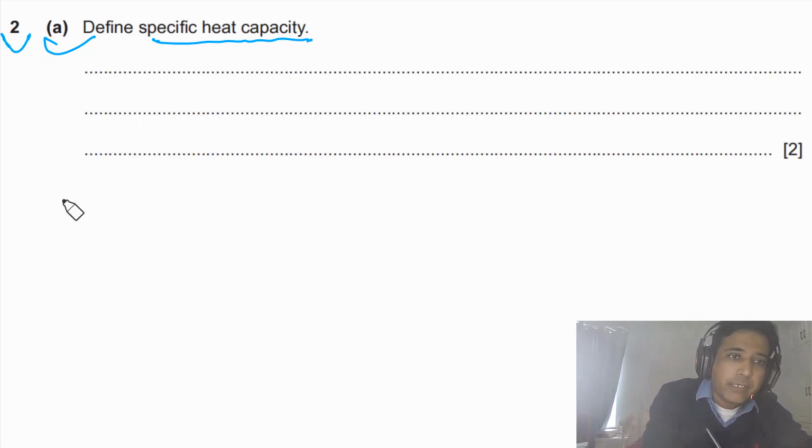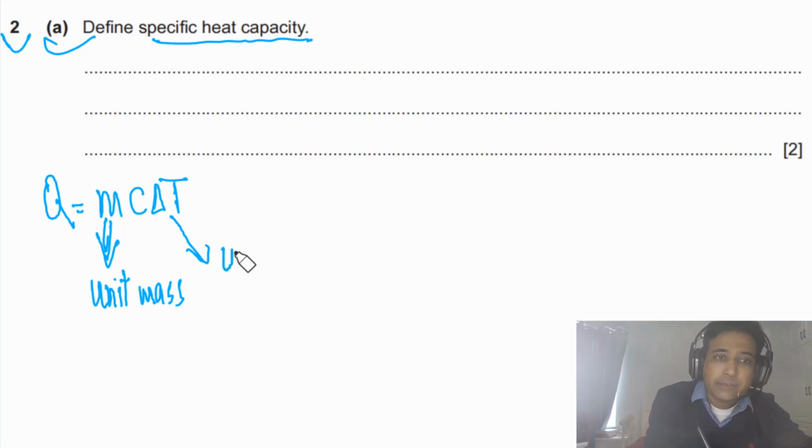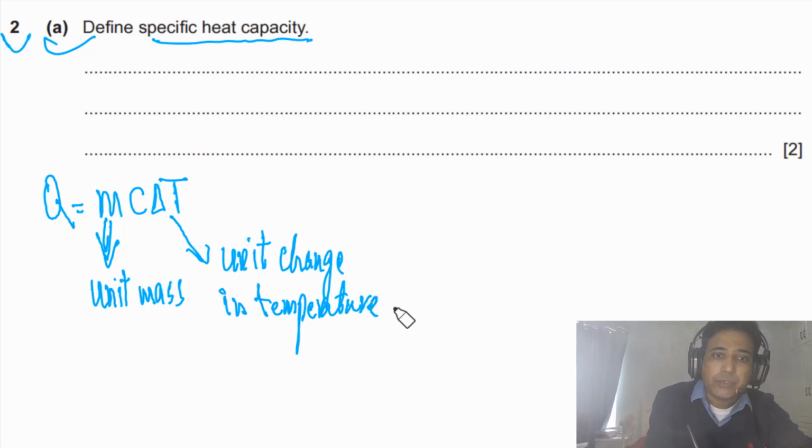Now let's try to define specific heat capacity. First of all, we can simply say Q is equal to mc delta T. From here you can see, if m is the unit mass and delta T is the unit change in temperature, meaning the temperature changes by 1 Kelvin or 1 degree Celsius, then this C is the specific heat capacity.